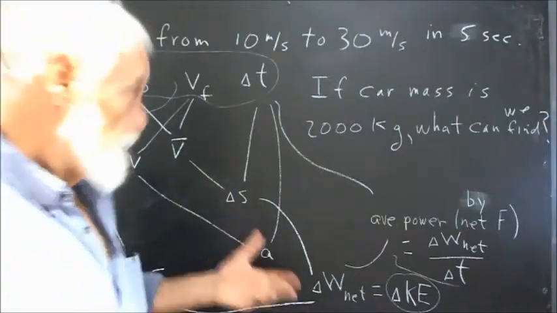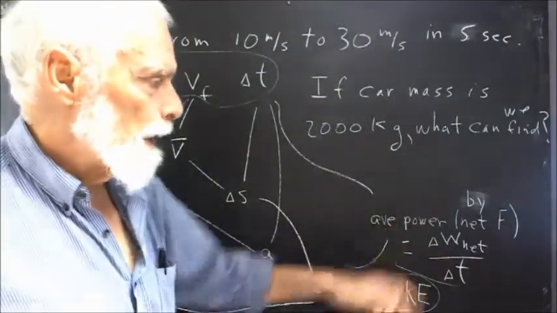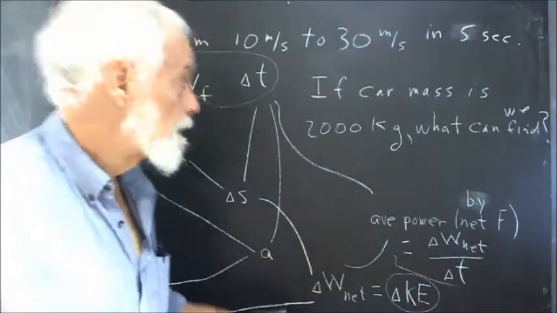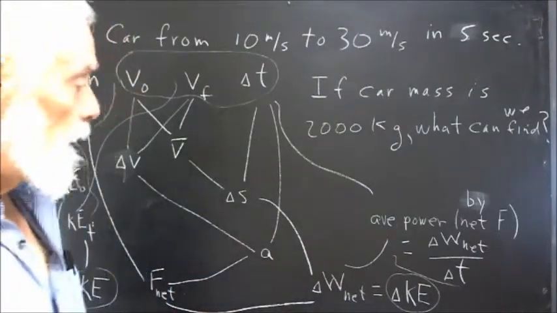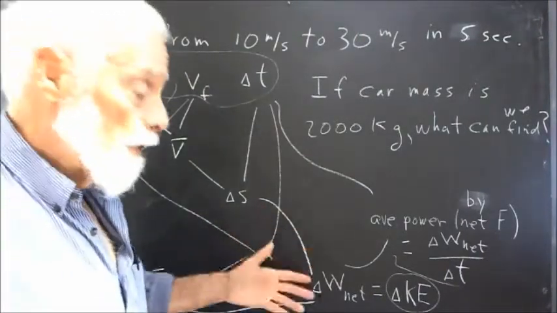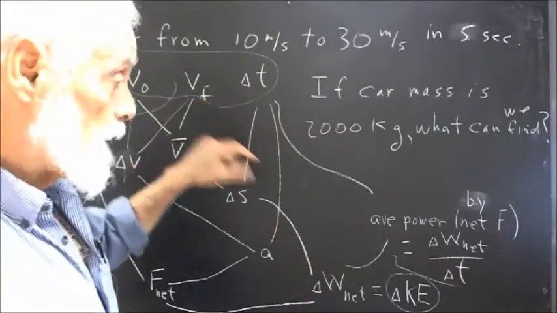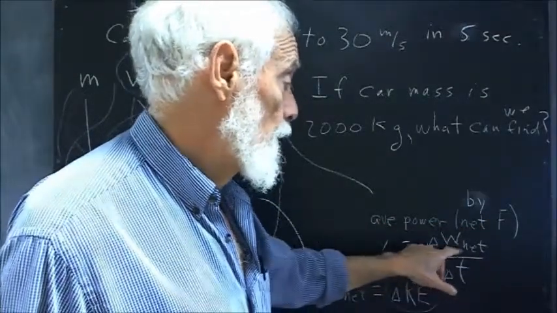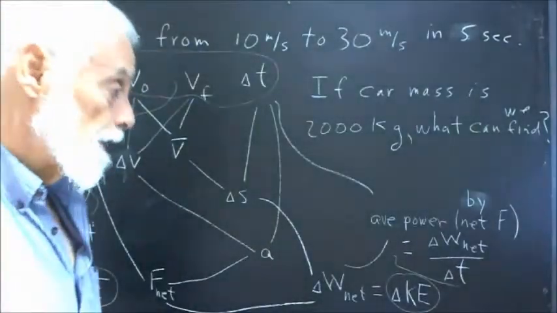Anything else? Well, somebody brought this up, and actually didn't say average power by the net force, said horsepower. Well, that's good enough. Horsepower is a measure of power, and we didn't have a horse handy, so we have to go to the abstract definition, which is just the average power by the net force is the work done by the net force divided by the change in the clock time.